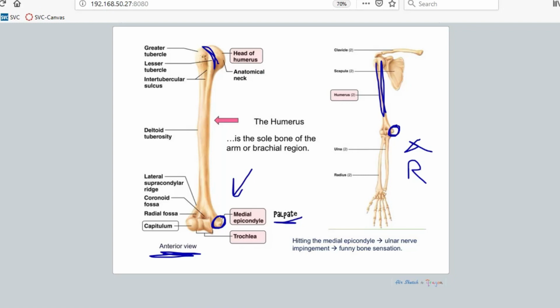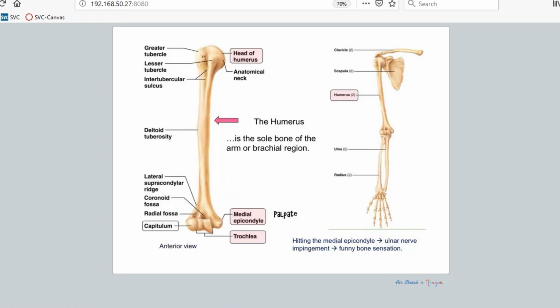And that's actually what we refer to as our funny bone. Okay, what happens if you hit that, it actually impinges on the ulnar nerve, and it causes a radiating sensation down the arm, but you're actually hitting the medial epicondyle.